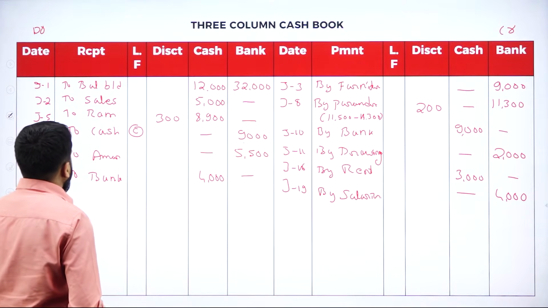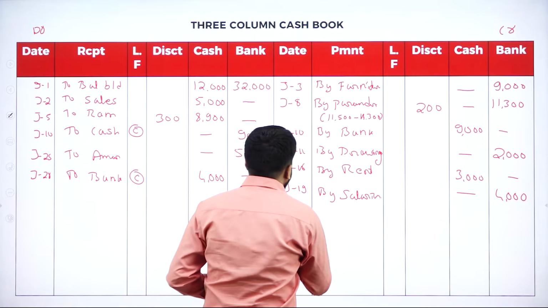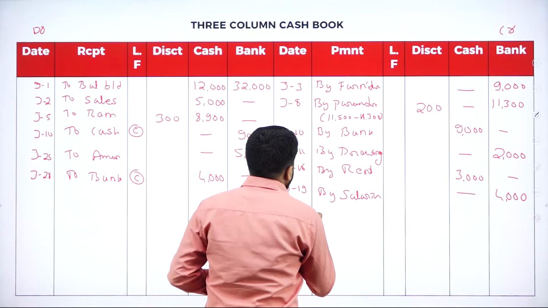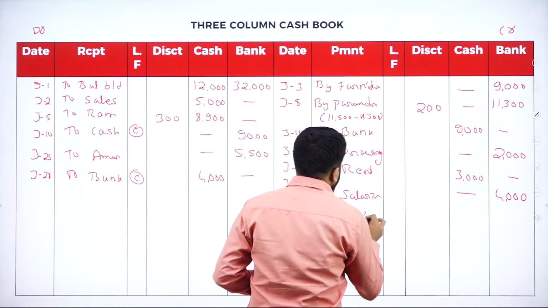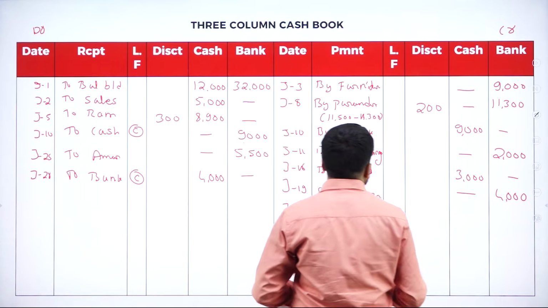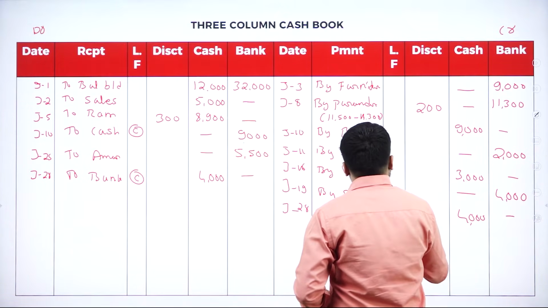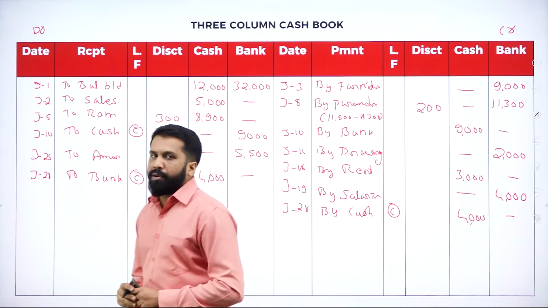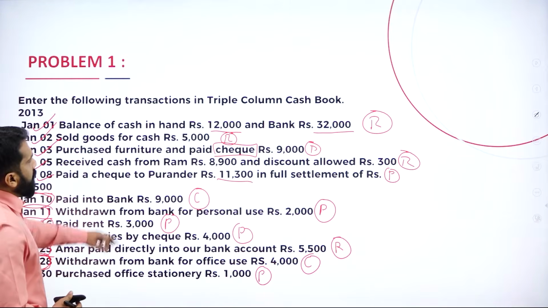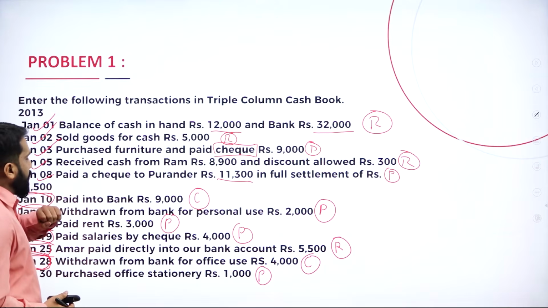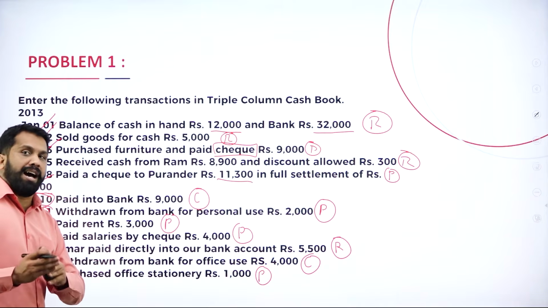Now, similarly, this we call contra. Opposite side, Jan 28, by how much? Cash. So in the bank column, we should write 4,000. This we call contra. Almost we have completed two contras. So we have contra 1 and contra 2. So both we completed. We'll go for the last one.